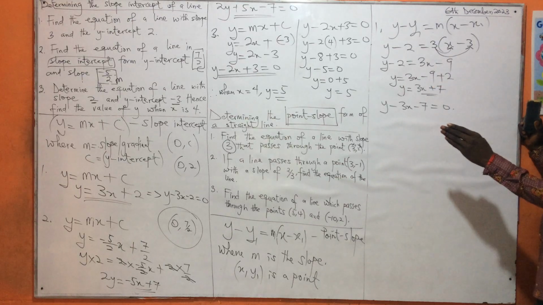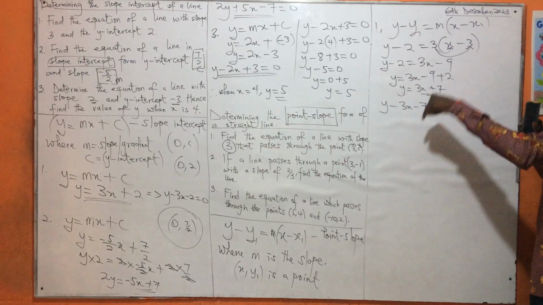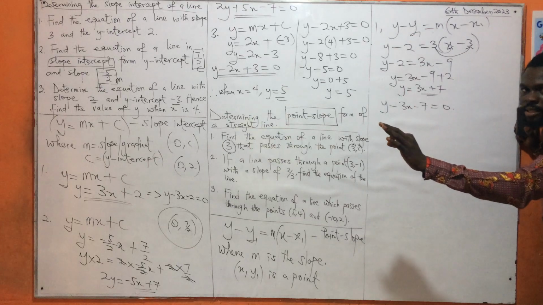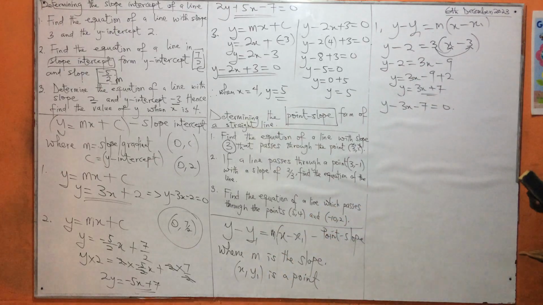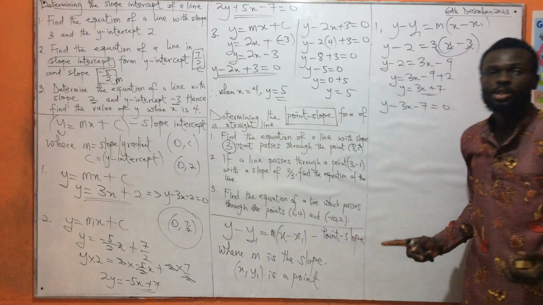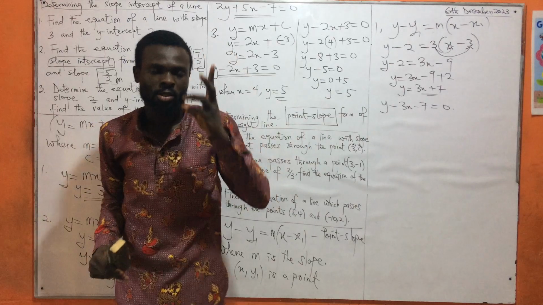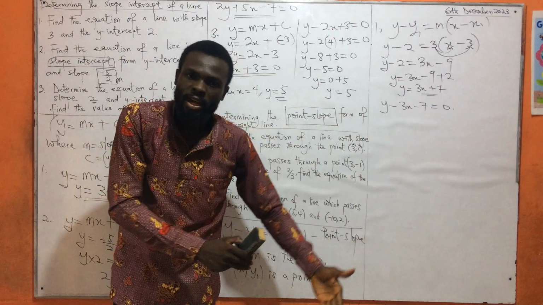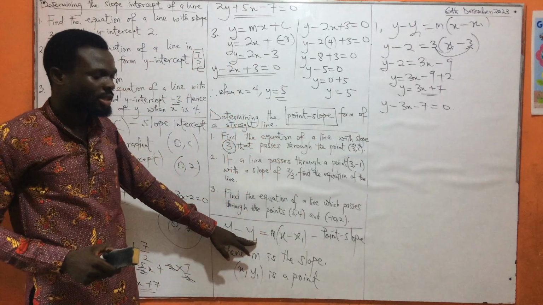So all we need to know is that in finding the equation of a line, when given a point and a gradient, we are going to use the point slope. And this is the point slope. Very simple. When you are being given 1 point and the gradient, we use this.